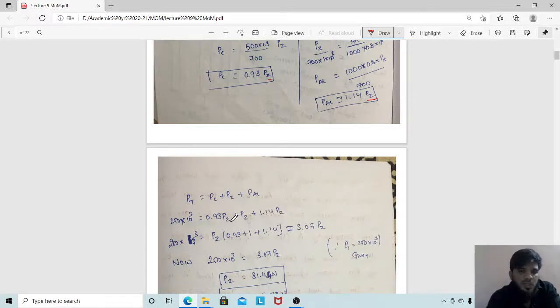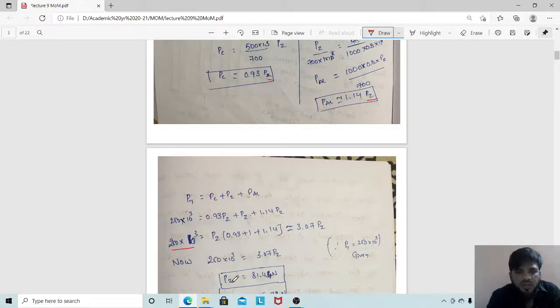So among all these three, the PZ is common out. So I am taking it common out, where 0.93 plus 1 plus 1.14. So we are going to get the value as 3.07 PZ. The total is 3.07 PZ, and the total load is given as 250 into 10 to the power of 3, as given in the problem. Okay. So this should be equal to this value.